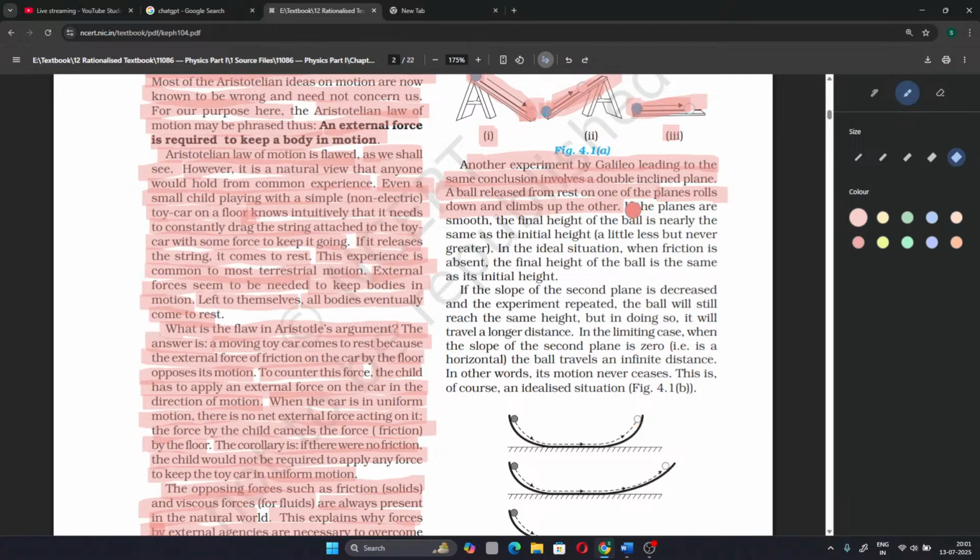If planes are smooth, the final height of the ball is nearly the same as the initial height, a little less but never greater. Smooth means obviously frictionless planes.